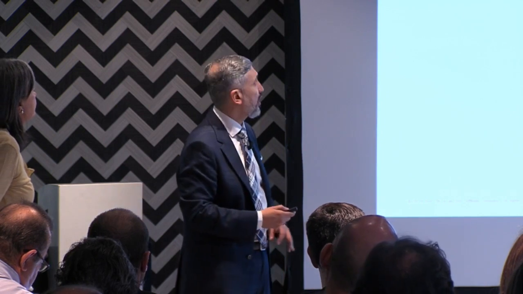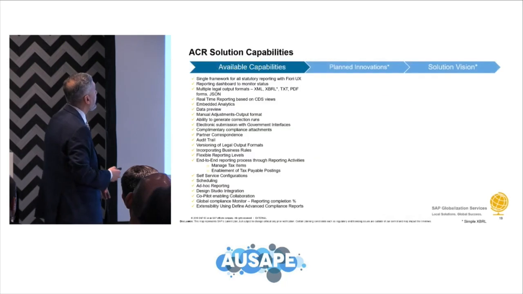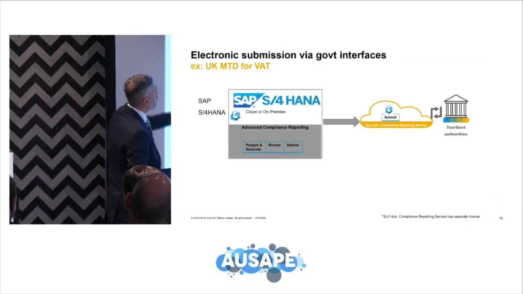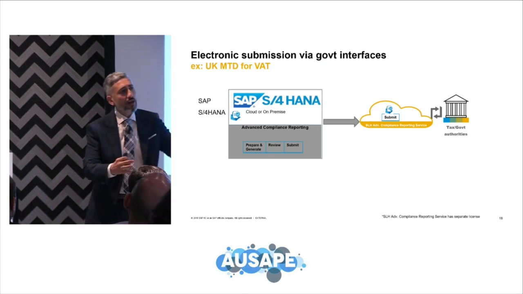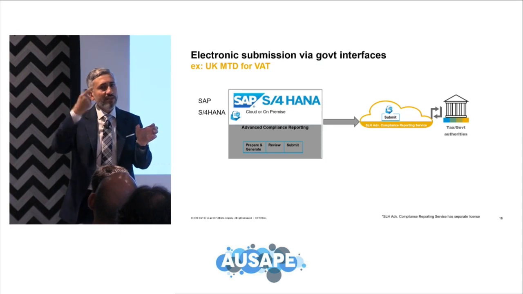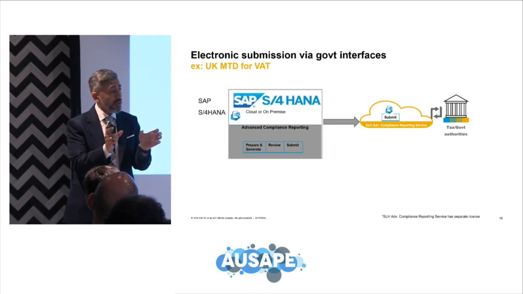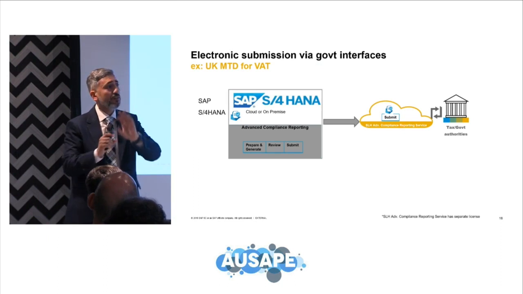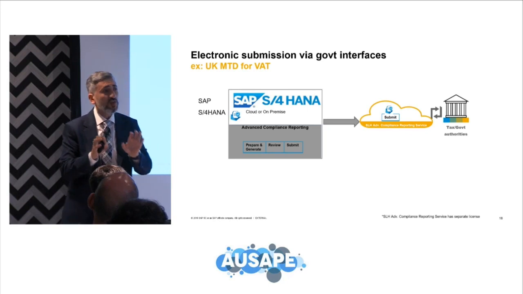And the solution that was developed there was completely on top of ACR. We developed these reports on top of ACR, and let me remind you what I said at the beginning: we have this SLH ACR, SAP Localization Hub ACR, which is a cloud service developed on top of SAP Cloud Platform, which has the power of integration.